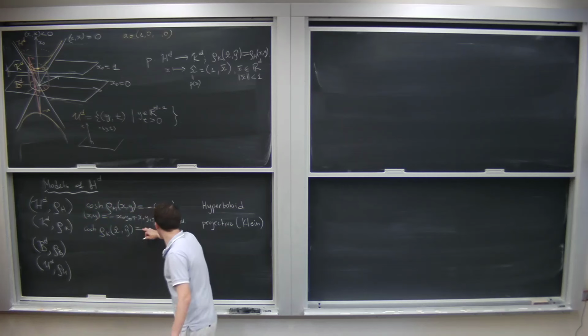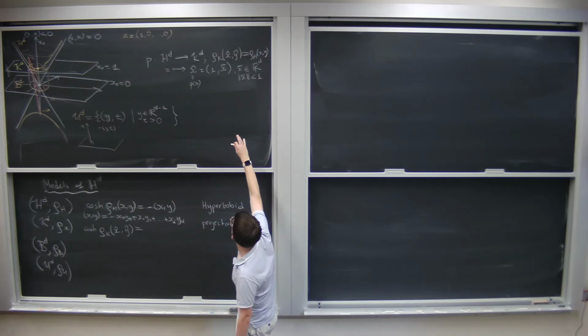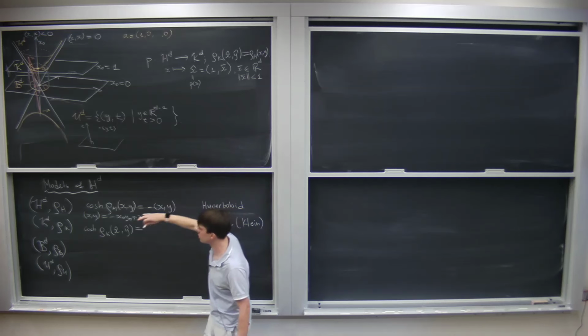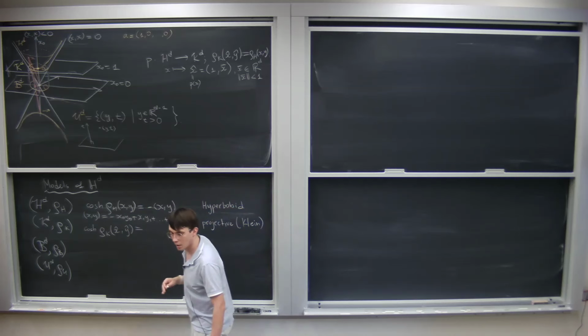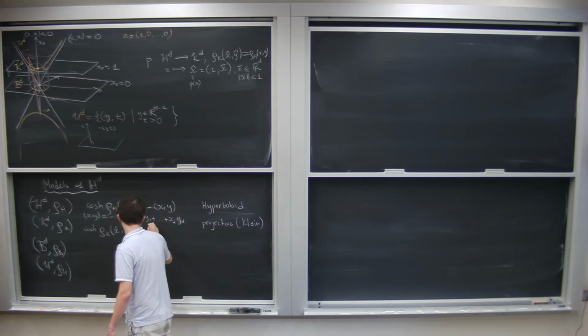Well, it definitely is equal to the hyperbolic cosine of distance between the hyperboloid preimages, right? And it can be computed. So it is equal to the following fraction.